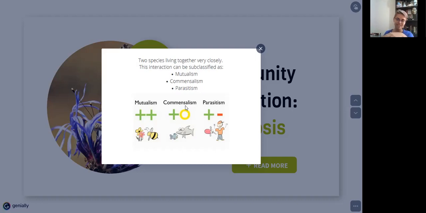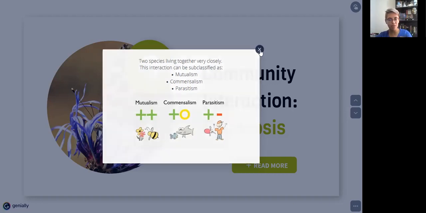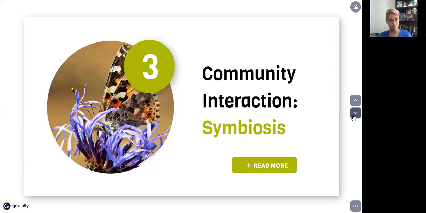Those are parasites and this is parasitism. They are feeding on us and we don't like them. They spread diseases, they're uncomfortable, and mice, for example, can also have this kind of relationship with humanity, right? Like parasites. Well, those are the kinds of symbiosis. We're still talking about organisms living together, but they can have different types of interactions.